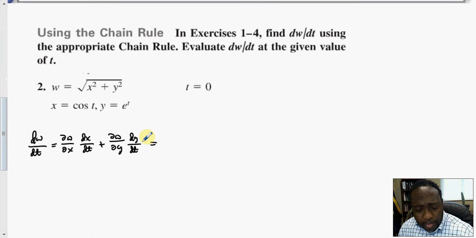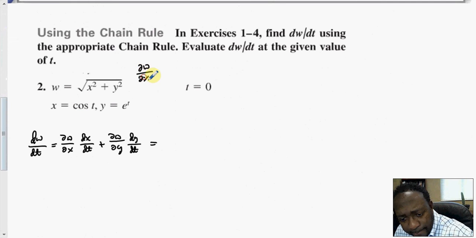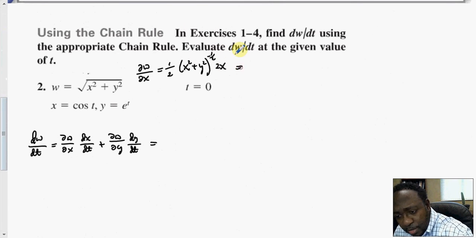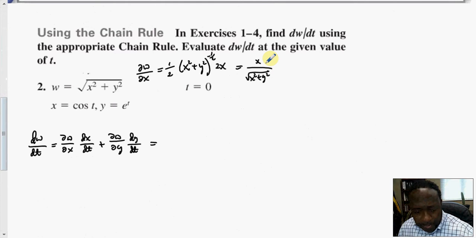So the partial of w with respect to x is equal to 1/2 times x squared plus y squared to the negative 1/2, times the derivative of the inside with respect to x, which is 2x. So you can just write that as x all over the square root of x squared plus y squared.